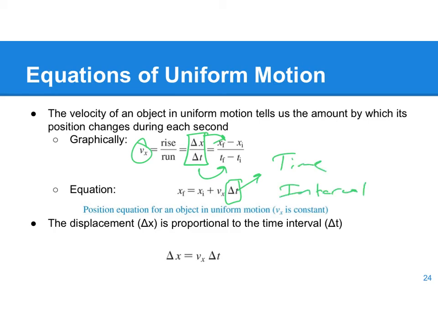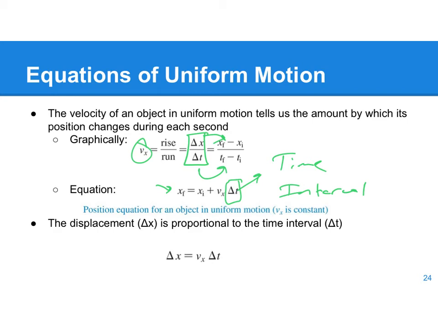We don't worry about ti and tf, we just say how much time has gone by. So if I solve for xf, I get my first equation: xf equals xi plus vx delta t. This means that my final position equals my initial position plus velocity times time, how fast I'm moving and how long I'm moving.